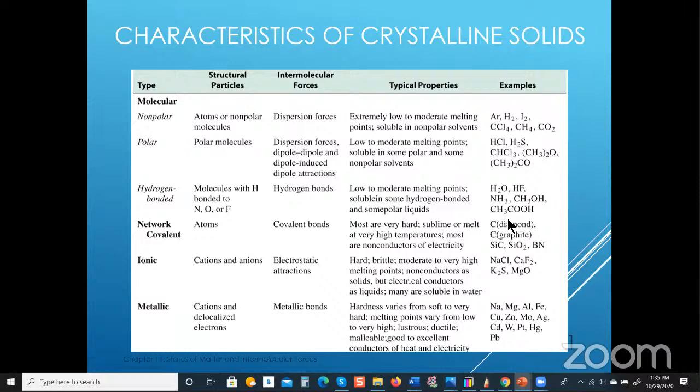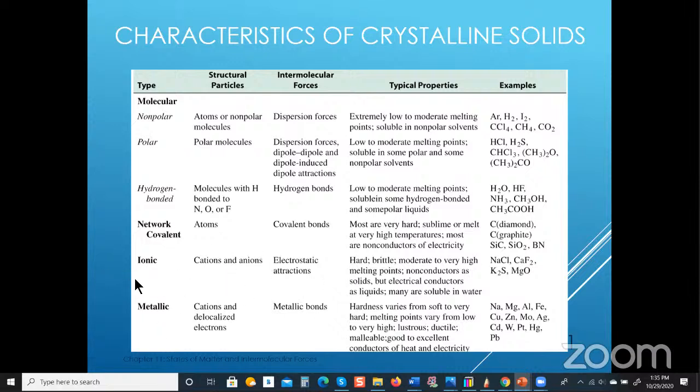That's why diamond, for example, is the hardest known substance, hardest element. So therefore it's used to cut glass and so on. I think silicon carbide is actually harder, and I think it's used for the same purpose, all right? So those are the properties that would exist for substances of this nature, which are described as network covalent.